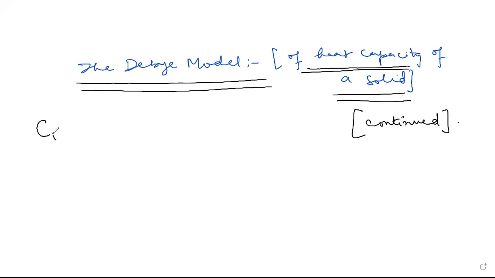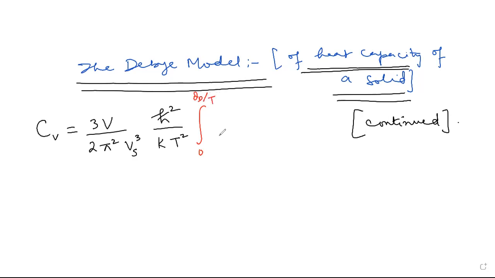I'll write it: CV is equal to 3V by 2 pi square Vs cube, h cross square over kT square, then the integral 0 to omega d.